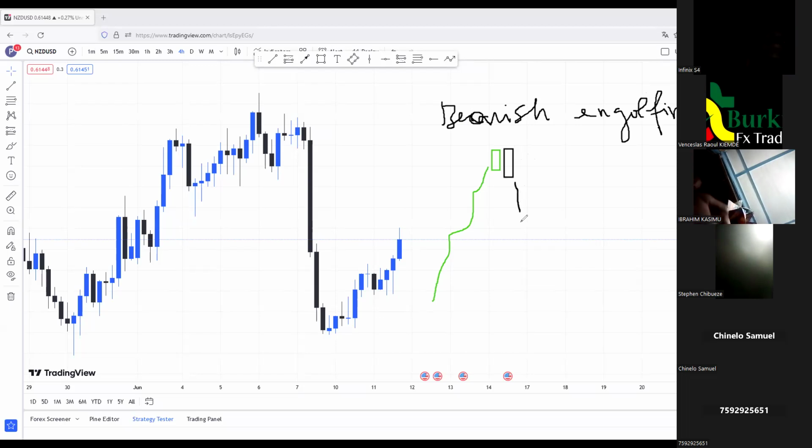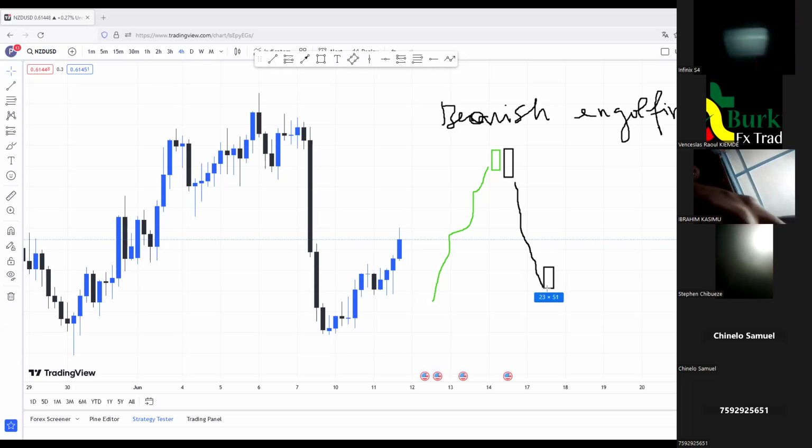You can also see the market going down, and at a certain point of time, the market forming a down candle like this, right?